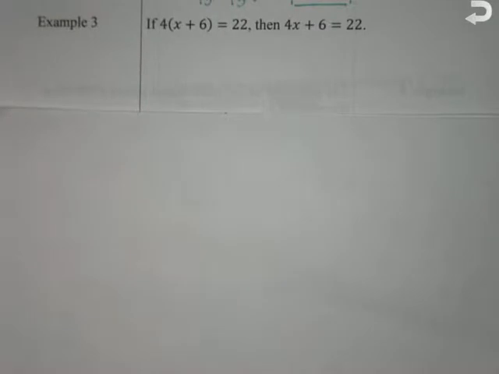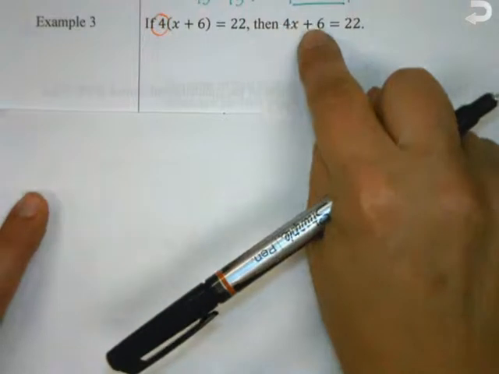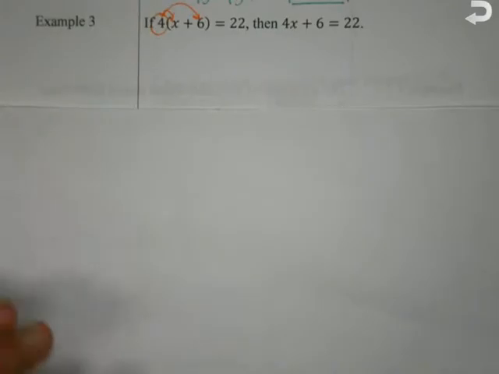Okay, let's see. Kaylee, how did you get false? So what should they have done? It looks like they did distributive, but they didn't distribute to the 6. So in order to show your work for this one, I want you to distribute the 4 into the whole thing. That's what I did.